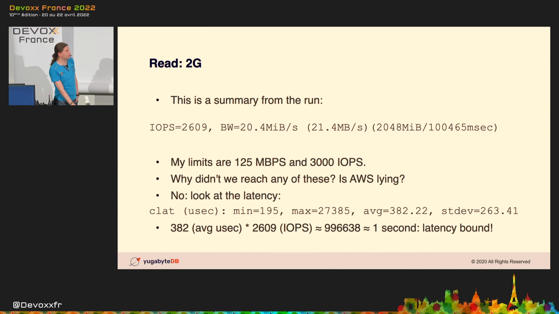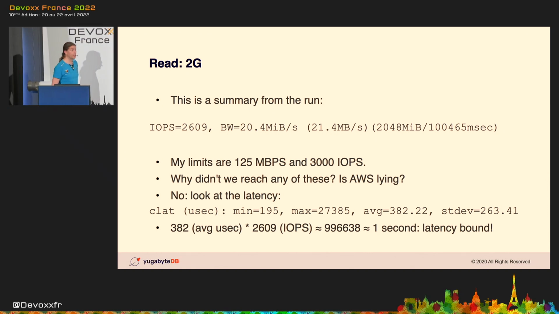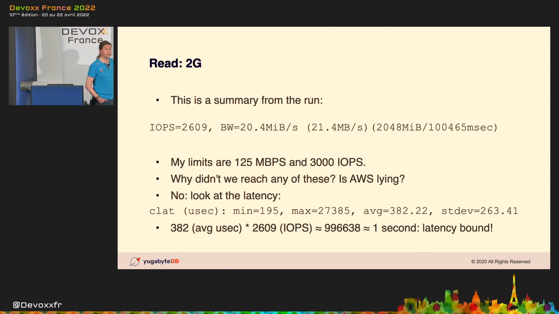My average latency is 382 microseconds, which means 0.3 milliseconds per I/O. That is a really good I/O latency, by the way. If I take that time and multiply it by my I/Os per second, I get a figure which is roughly 1 second. So in other words, despite a really low latency, I'm still bound by the latency here and not by the I/Os per second and megabytes per second limit.